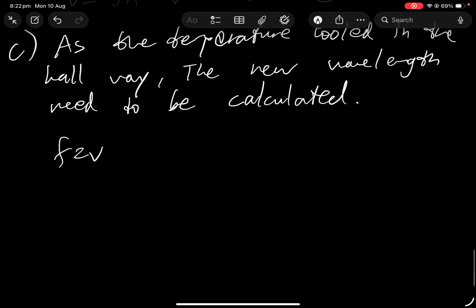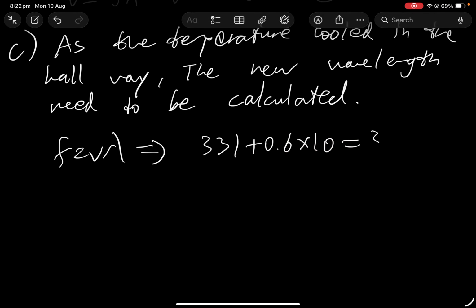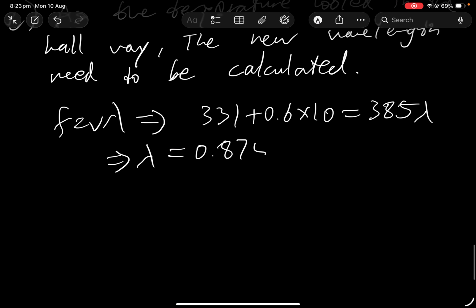So V equals F lambda. That means 331 plus 0.6 times 10 degrees equals 385 lambda. That means lambda equals 331 plus 0.6 times 10, divided by 385, which is 0.875 meters, smaller than 0.9 meters.